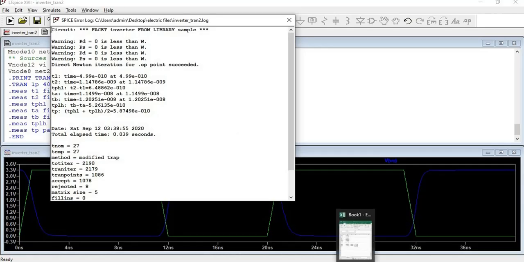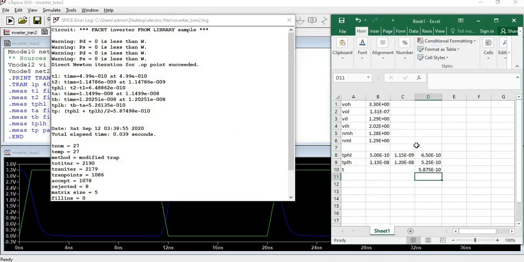So we save that in our Excel file. So TPHL, that is 6.488e-10. So 6.488, this is 6.5.